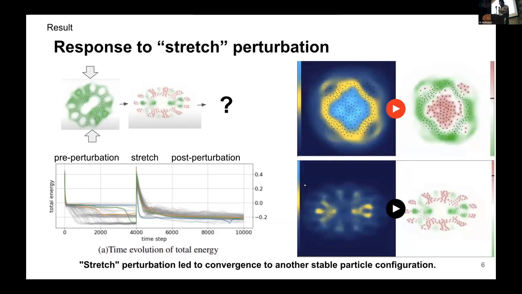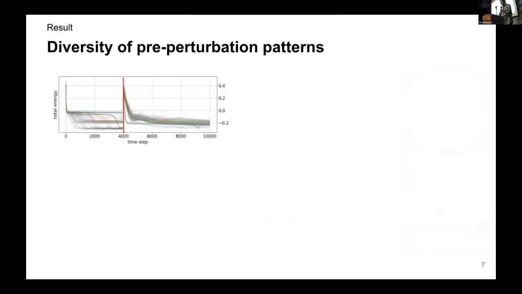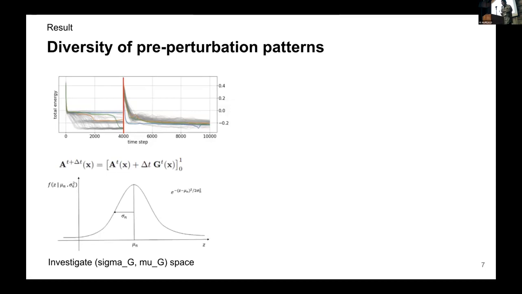We try to search multiple parameters. We change the growth function. In this case, the growth function is expressed by a Gaussian function, so there are two parameters, sigma and mu.